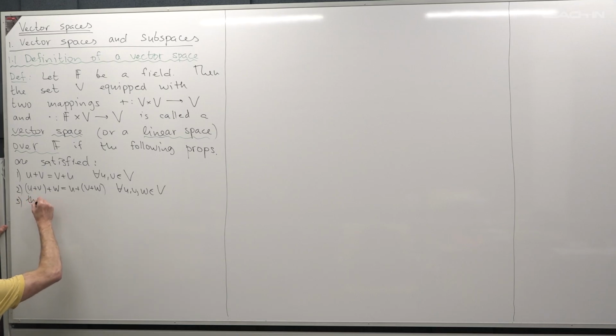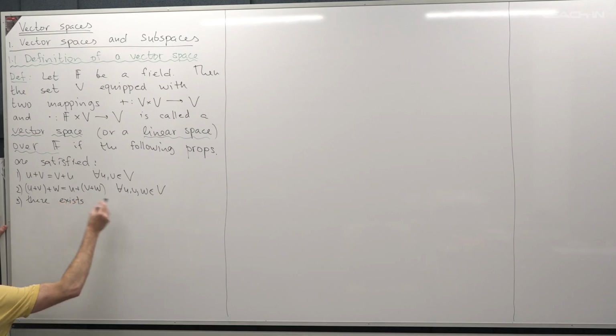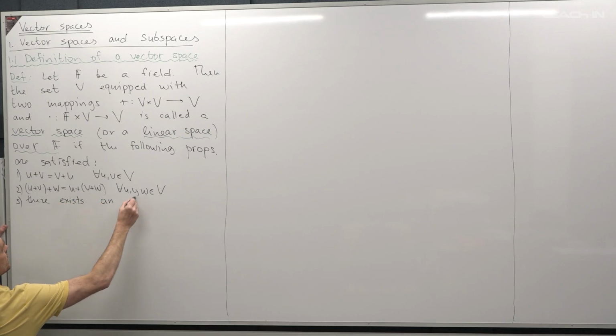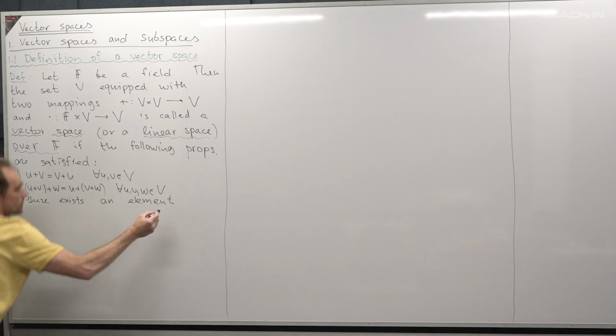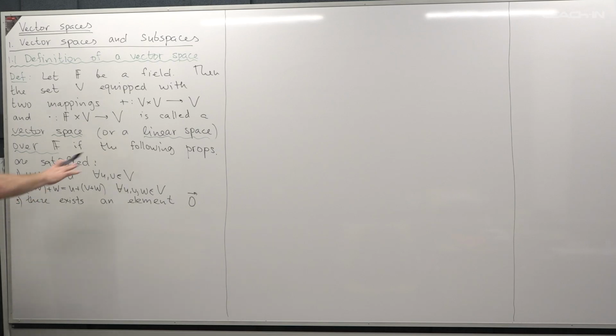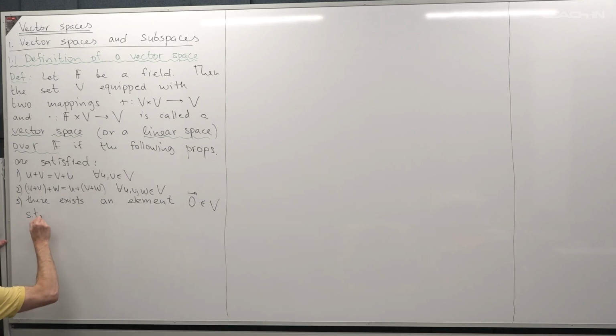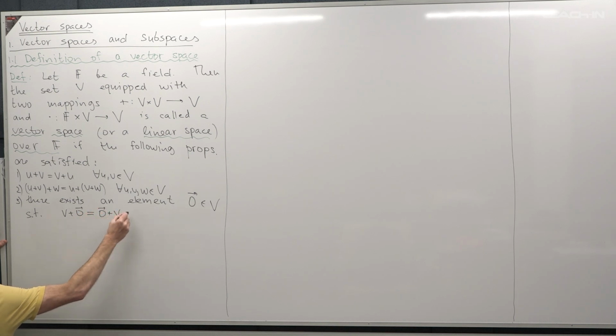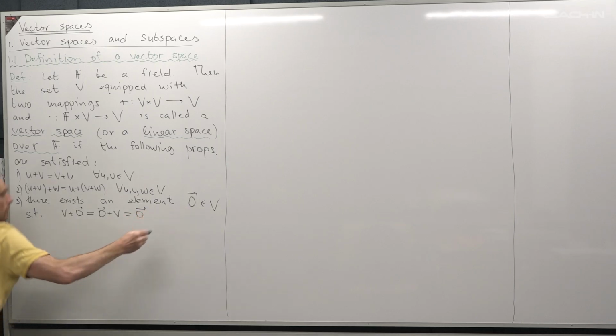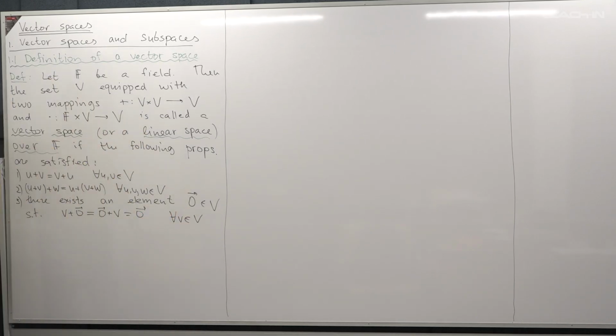So there exists an element, which I will denote by 0, such that v plus 0 equals 0 plus v equals v for all v from V. Of course, since this operation is commutative, there is no need to write both of these properties, because one of them follows from the other one.